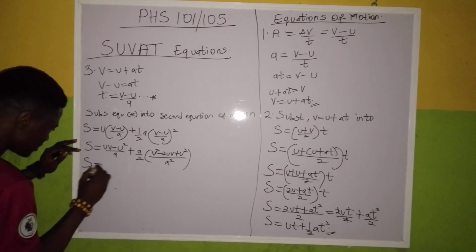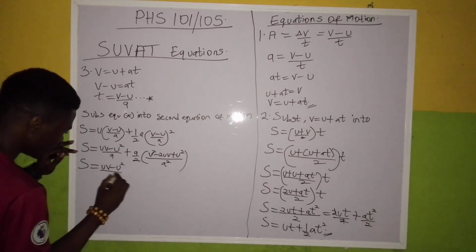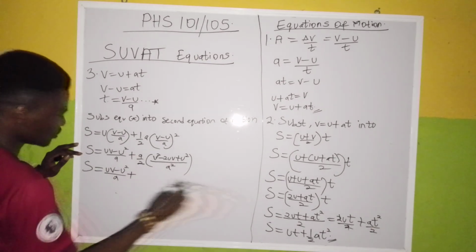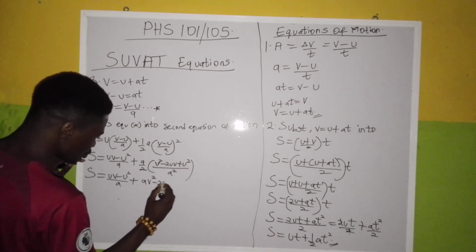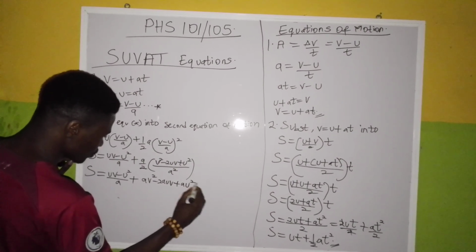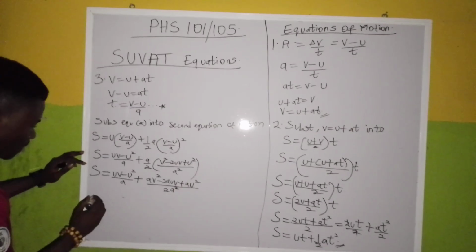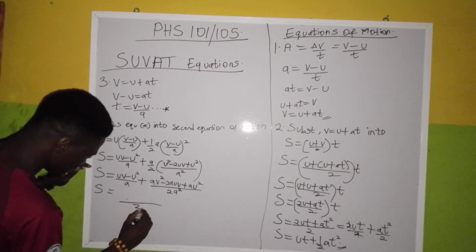Now simplifying this, we have uv minus u squared over a plus, multiplying everything on top by a, av squared minus 2auv plus au squared, all over 2a squared. Now what's the LCM here? Our LCM is 2a squared.